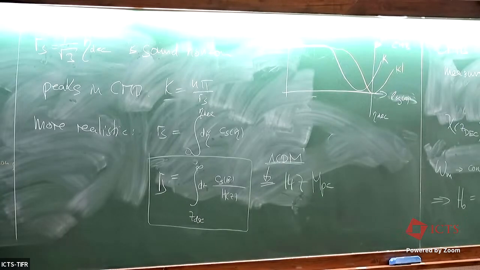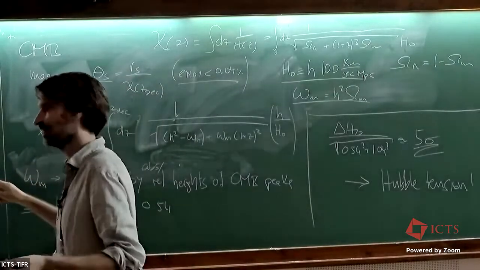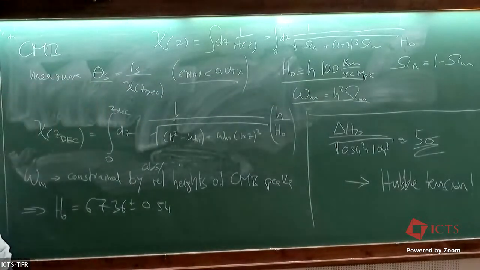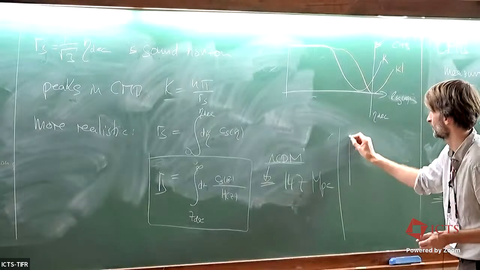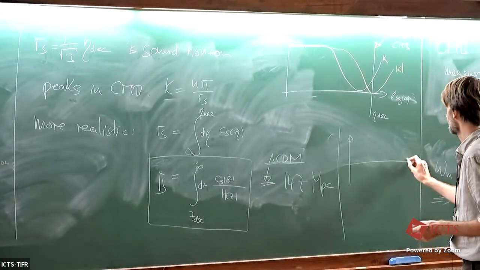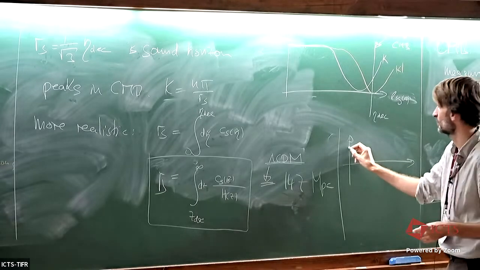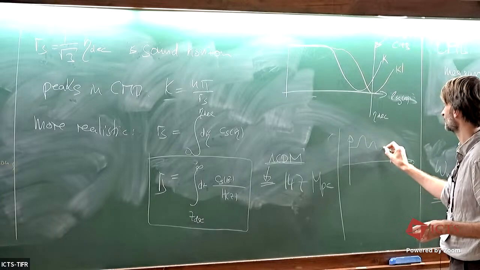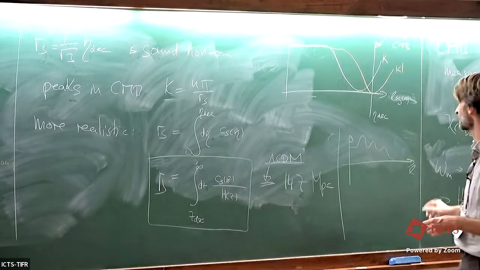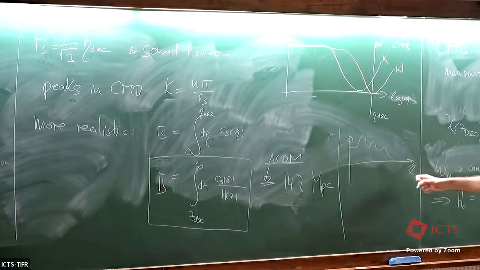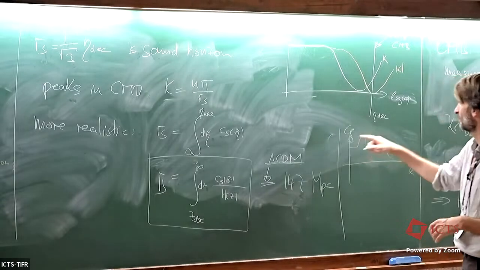I was a little quick here, but this is also something I think you are going to learn in more detail. If you look at the CMB, you look at correlations in the temperature anisotropies, and you do a Fourier transformation essentially on a sphere. So these are your spherical Fourier modes, these L, and you get this power spectrum.